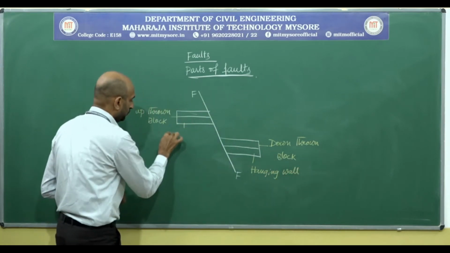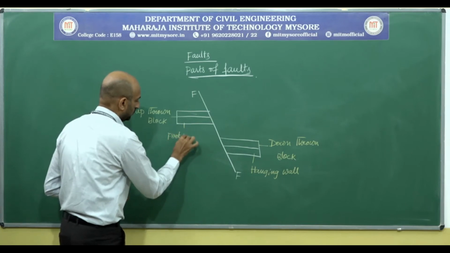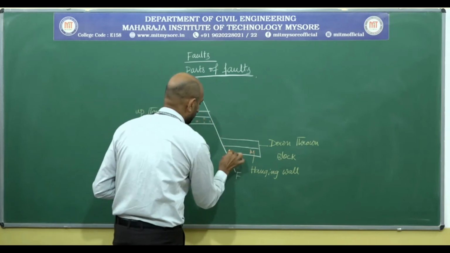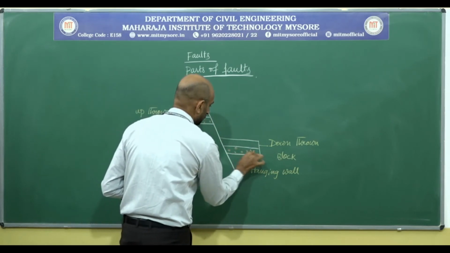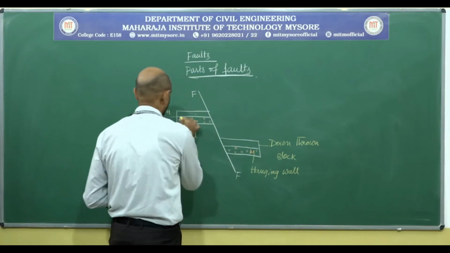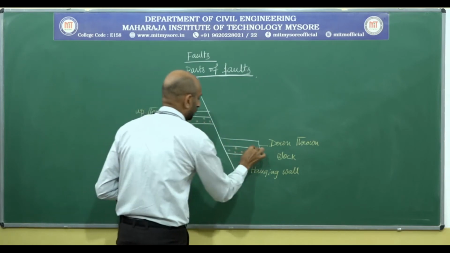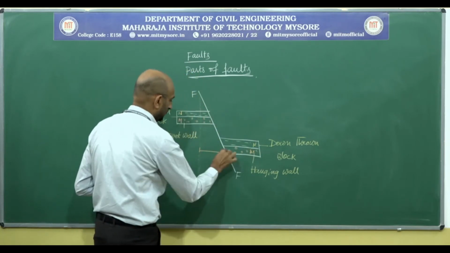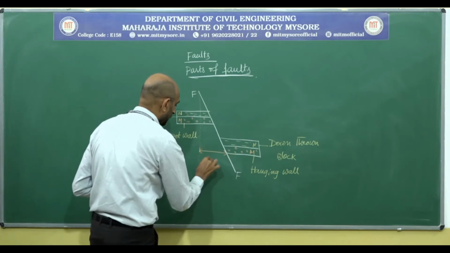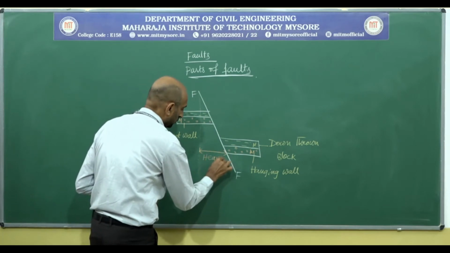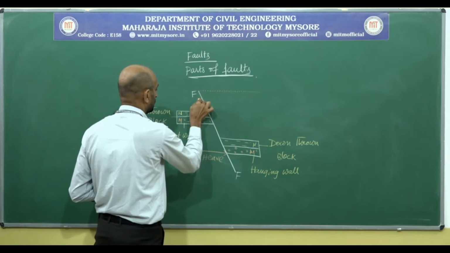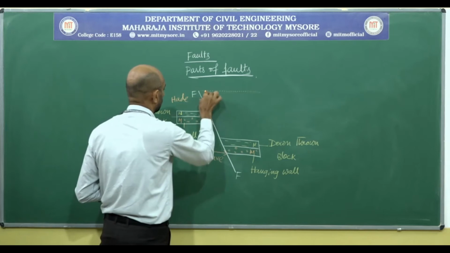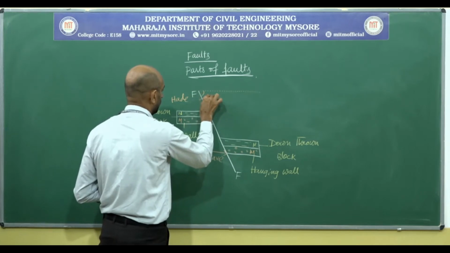This one is the footwall. First formed bed, this one. The second formed bed. The horizontal movement is called by the name heave. This one is head. This one is dip.